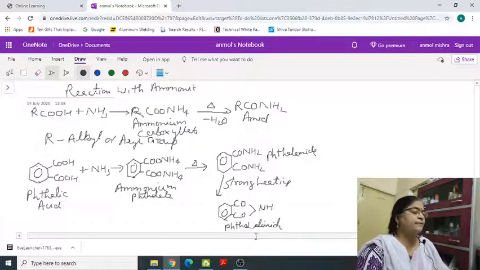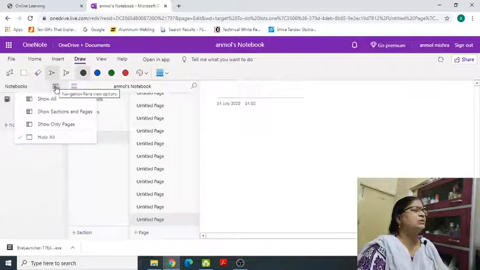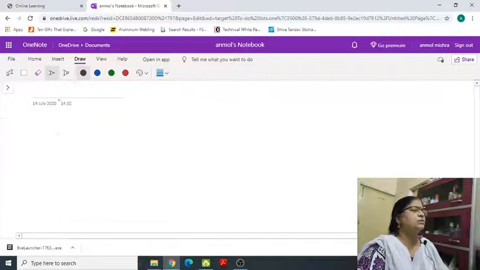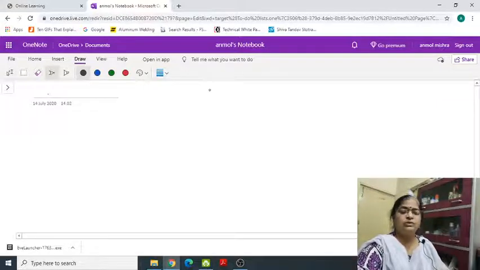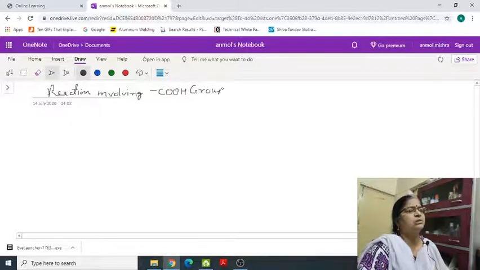Now next is reactions involving the COOH group. Under it, first is reduction.